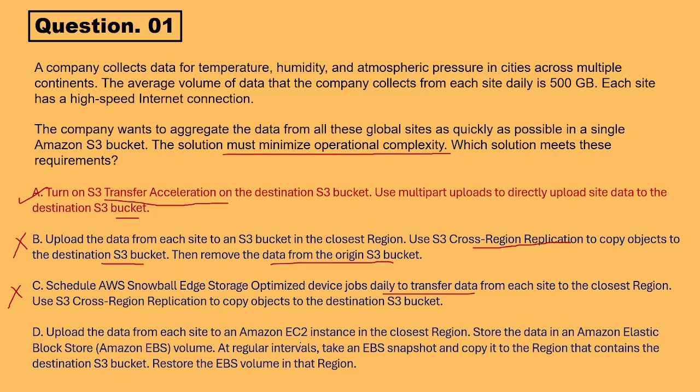And uploading data to Amazon EC2, then to EBS, then at regular intervals creating a snapshot, then restoring the EBS in that region, is also not the ideal approach because we have to minimize the operational complexity, which it is not doing. So option A is correct here.